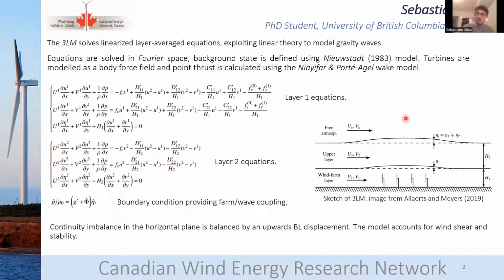Layer 3 doesn't really have a system of equations. The relation solved inside layer 3 is actually a boundary condition at the top of the boundary layer, from which you can relate the boundary layer displacement, which is eta 1 plus eta 2. So the sum of the two is the overall displacement.